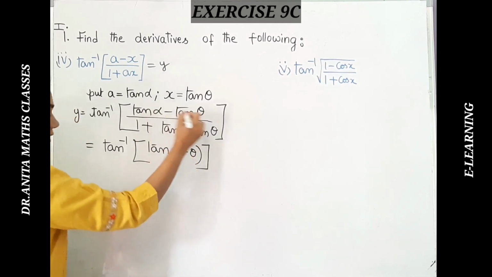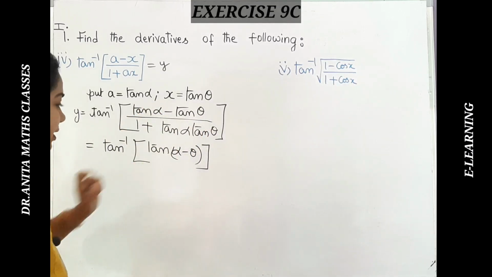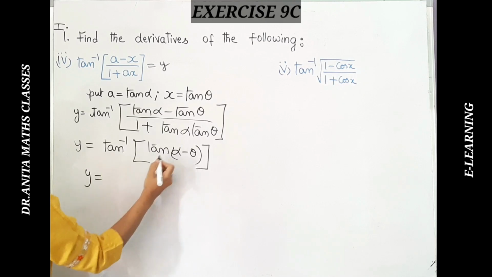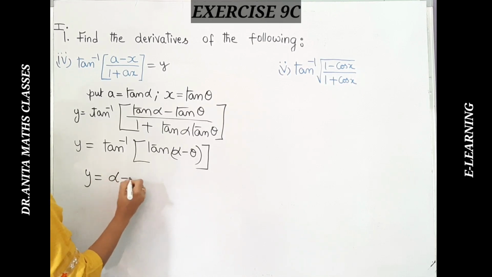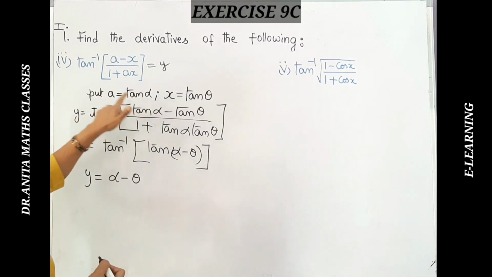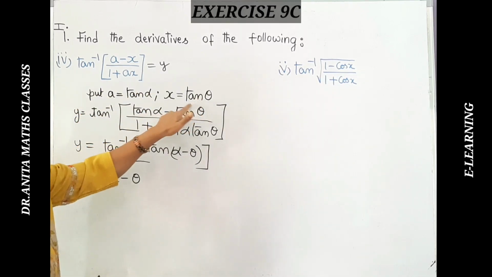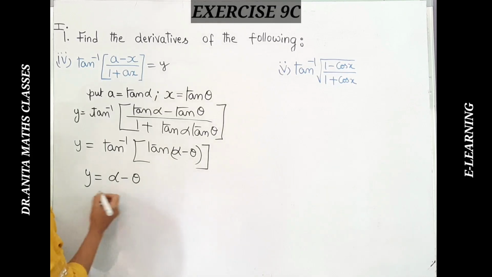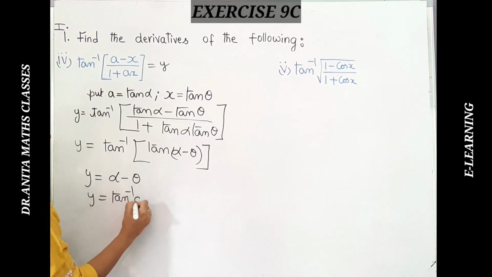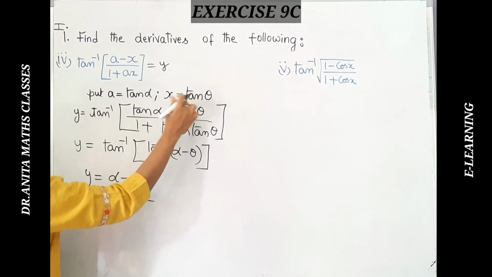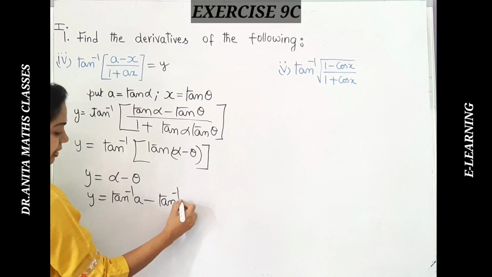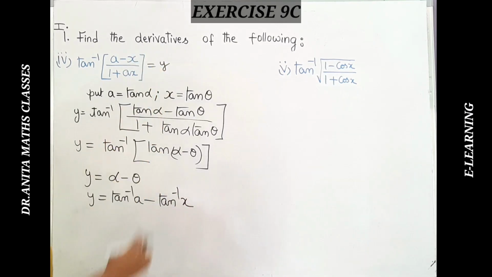So this becomes tan inverse, and tan goes off, it becomes just alpha minus theta. Here alpha is tan inverse of a and theta is tan inverse of x, so y is equal to tan inverse of a minus tan inverse of x. Now we have to differentiate.